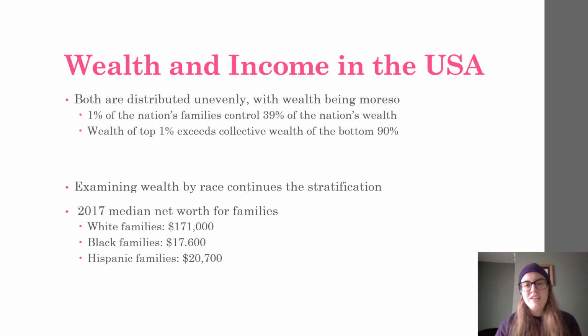And then if we continue to examine this wealth by race, that continues the separation even further. For instance, in 2019, the median, so if you take the middle mark where 50% is higher and 50% is lower, these are how the median net worth for families were distributed by race.